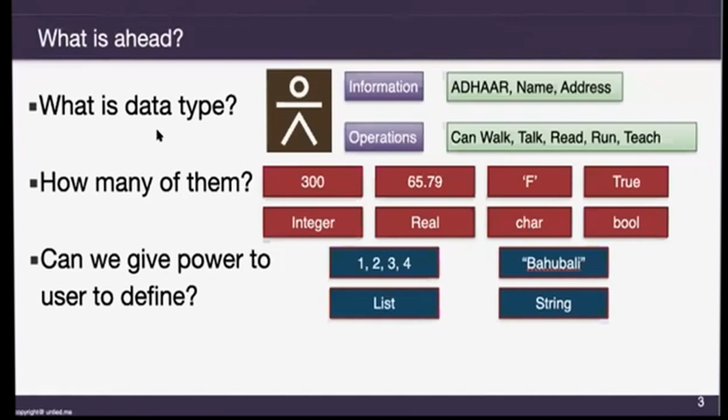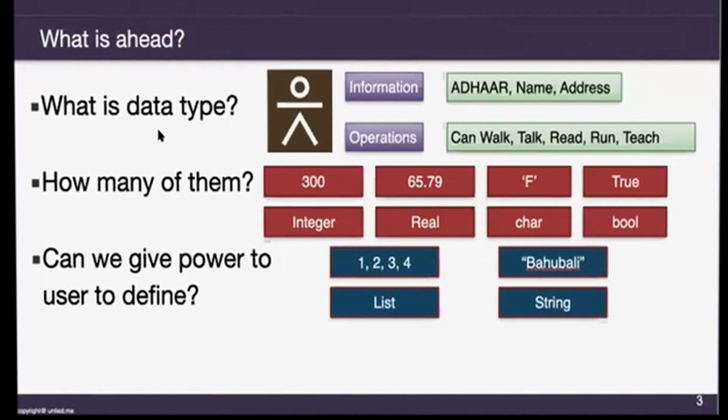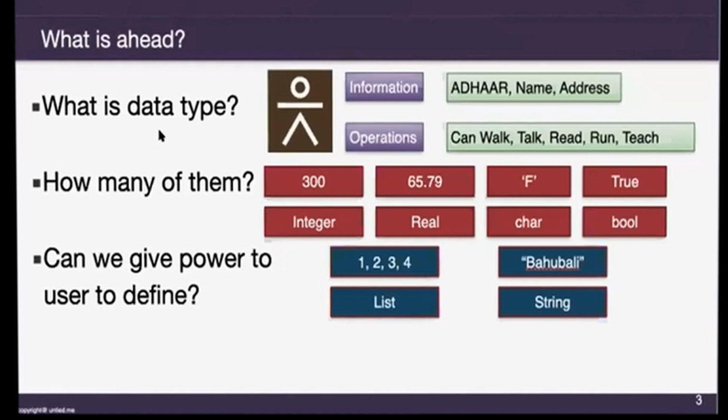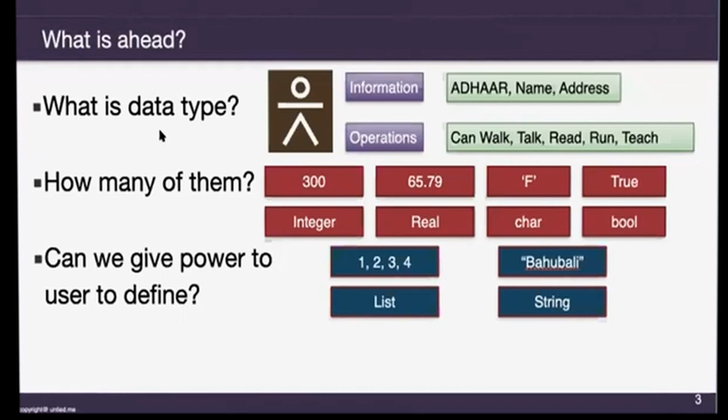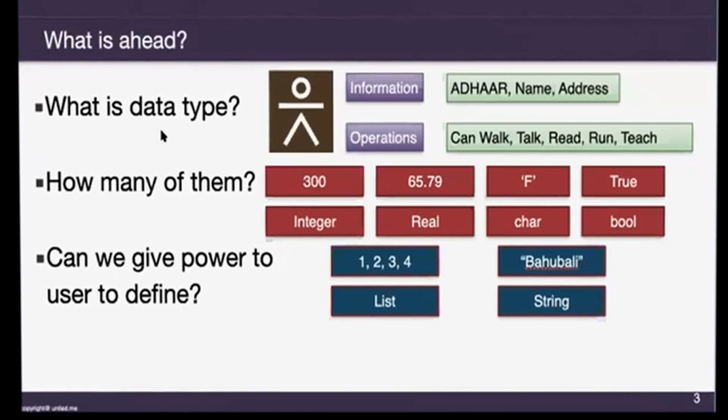If you see the real world, there are many situations in which different types of data are there, or you can say information which you can represent. For example, you want to store 300. 300 is an integer number. In mathematics also you sometimes have real numbers, sometimes integer numbers. But in a programming language, how do we store that number? We need to identify it. You also have real numbers.